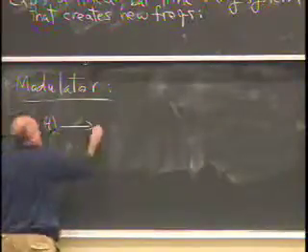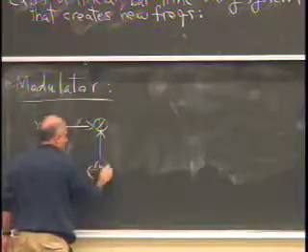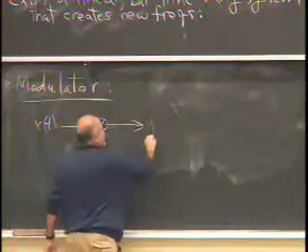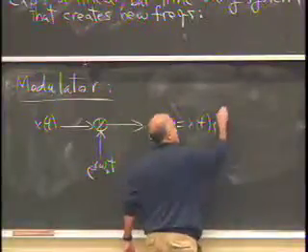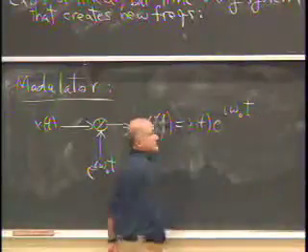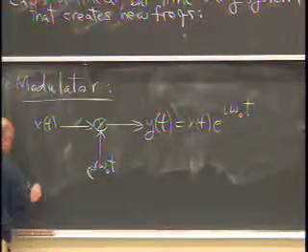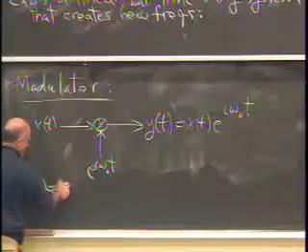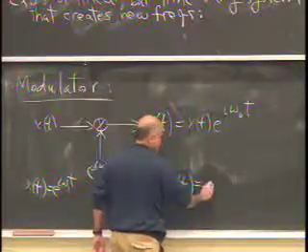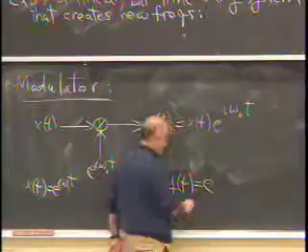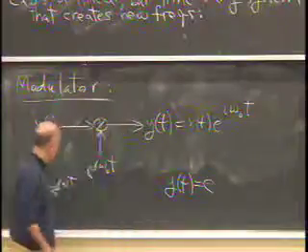X of t multiplied by, let's say, e to the I omega naught t. Okay? So if x of t is at a particular frequency, e to the I omega 1 t, then y of t comes out what?